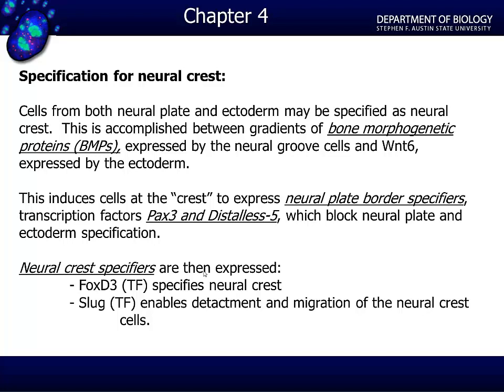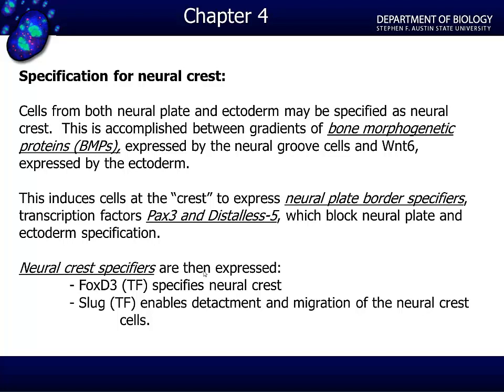A lot of these came from work with Drosophila. So what we're going to see is that PAX3 and Dlx5 are going to block neural plate and block ectodermal specification, which basically means we are going to be permissive for neural crest formation. We're not inducing them, we're just preventing the others from forming.